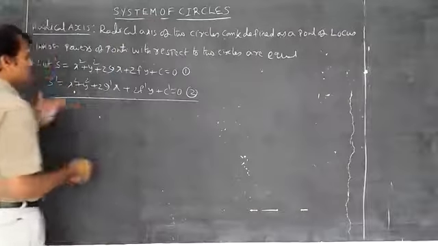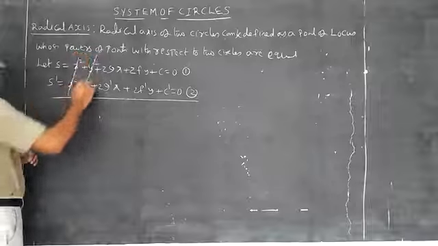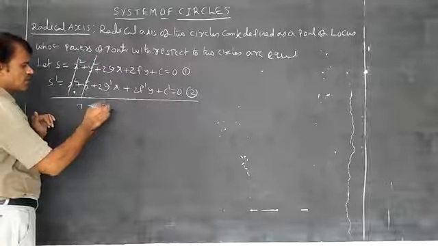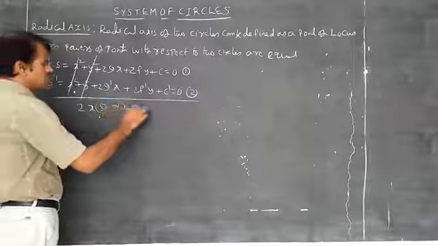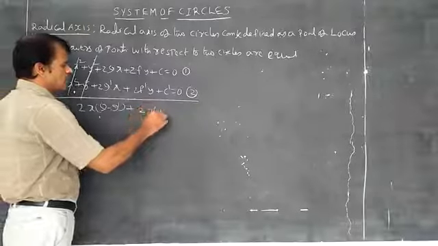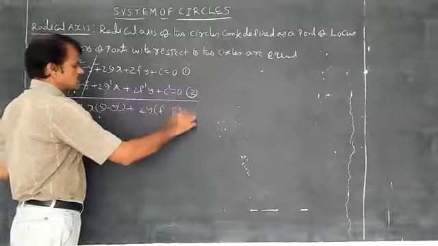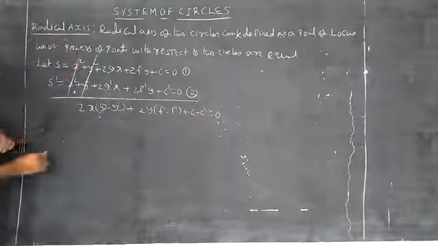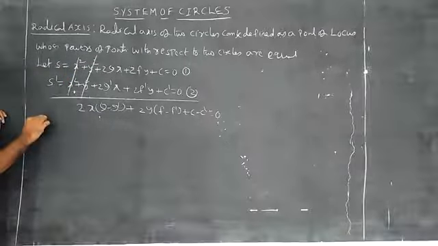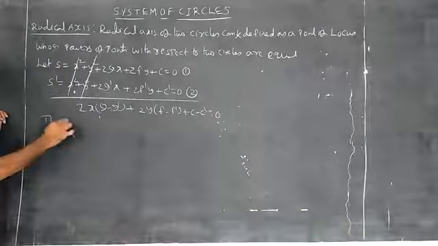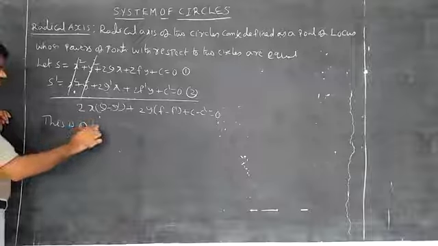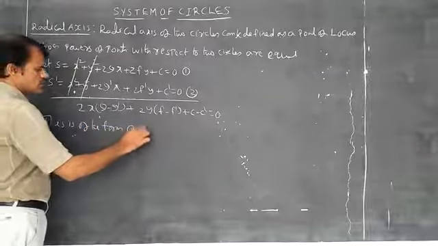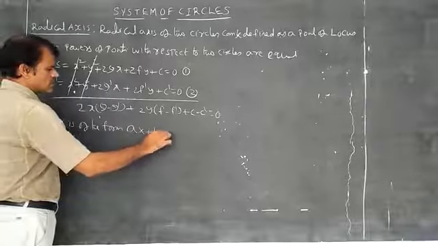Now you can do S minus S dash. The x square and y square terms get cancelled. Here 2x you can take common: g minus g dash, plus 2y common: f minus f dash, plus c minus c dash equal to 0. Now we can understand this is of the form ax plus by plus c equal to 0.